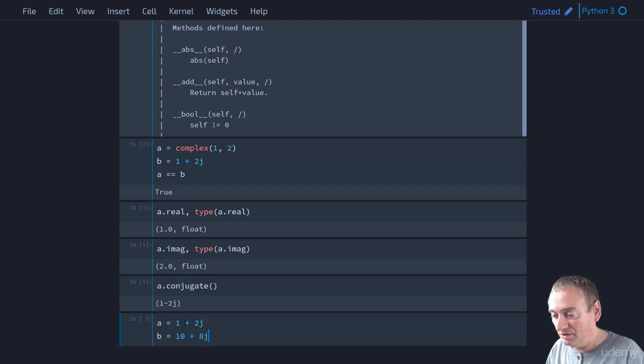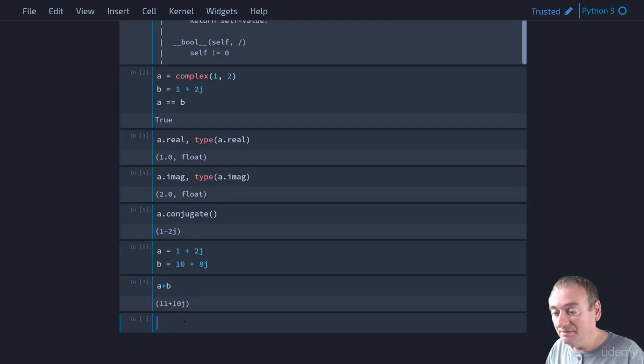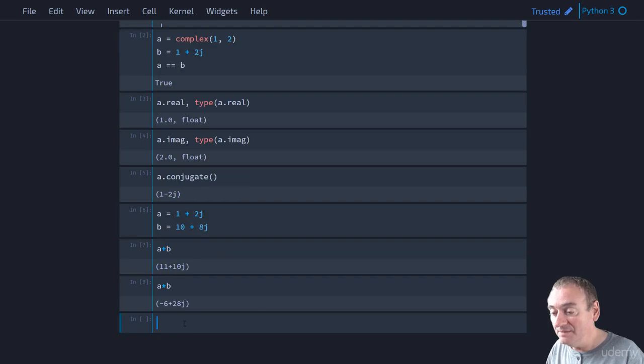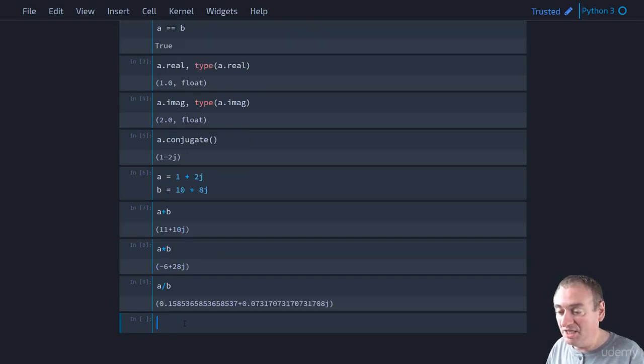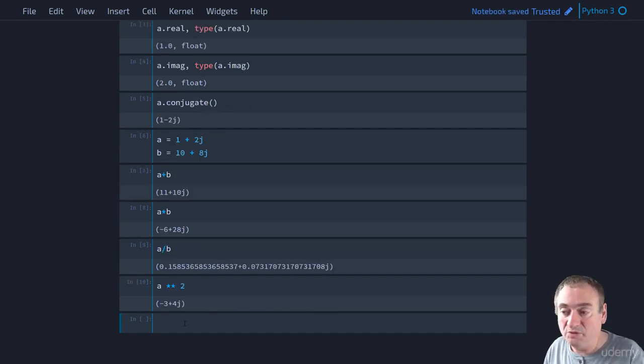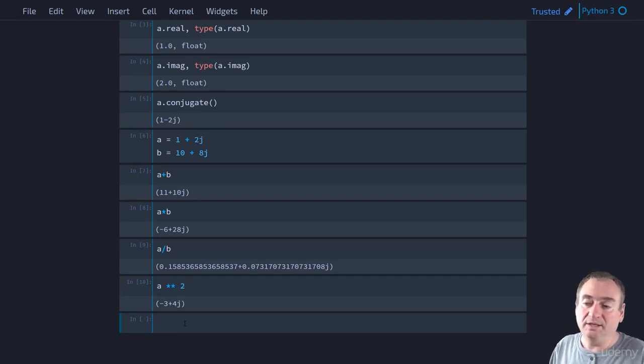And now we can print A plus B. We get 11 plus 10j. We can do A times B, etc. A divided by B, and so on. So we have all these possibilities, these standard arithmetic operators. We could also have powers, so we can say A squared, for example, which will give us minus 3 plus 4j, and so on. So the standard arithmetic operators work just as expected.